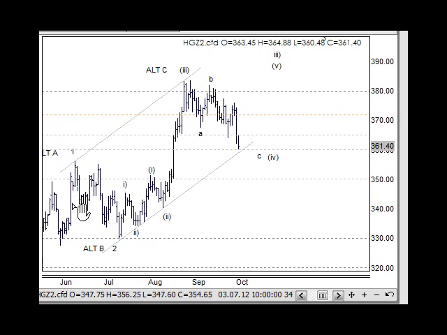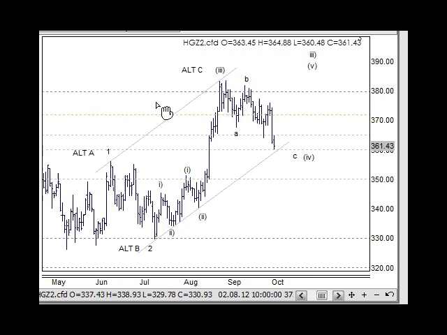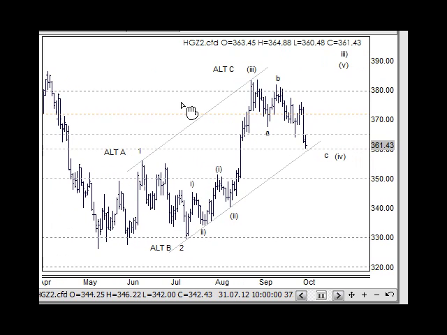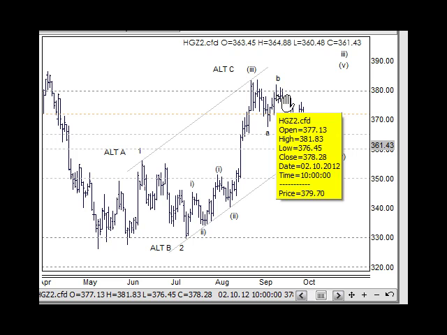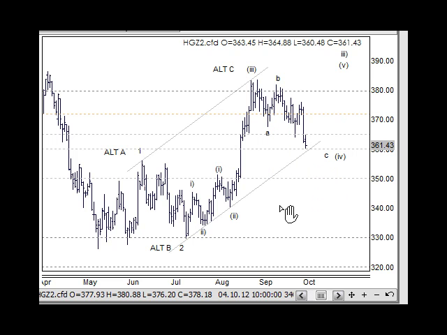This A, B, C here could just be the A wave, and then we get 3 waves down for the B wave, and then we get 5 waves up for the C wave, and then we drop down as well. But what it does do for us is it enables us to understand that it is a corrective pattern to the upside, a corrective rally, and not an impulse wave. So it does give us something to work with, which is helpful.